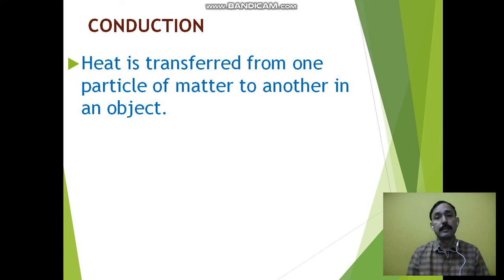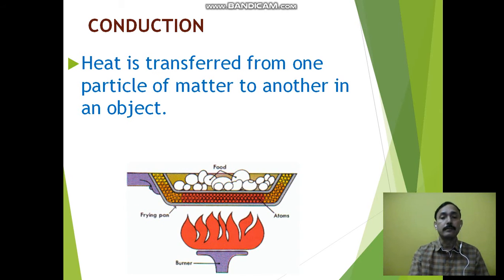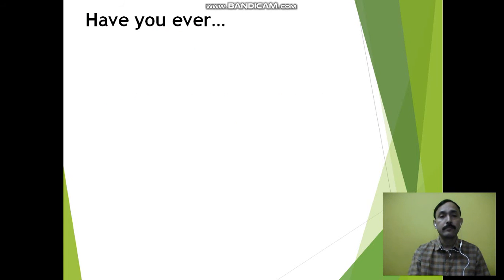Conduction: heat is transferred from one particle of matter to another in an object. This is the frying pan, food is there. This is the metal plate. Heat is given from the burner. The atoms become hot. It is transferring heat also to the food. Conduction needs contact.